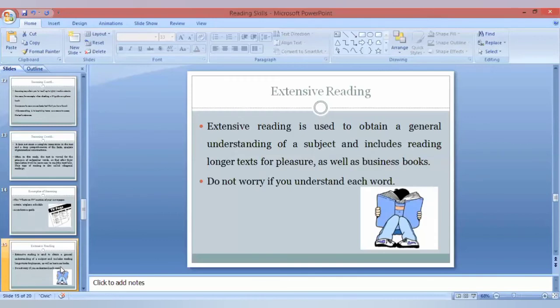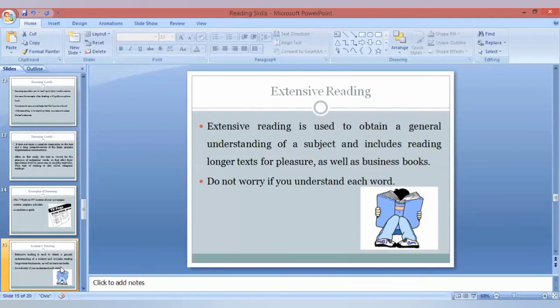Sometimes you get tired of reading while doing extensive reading, so you pause it for a certain period of time. For example, you start reading a novel and you read a chapter, you get tired of it, and you resume reading the next day.